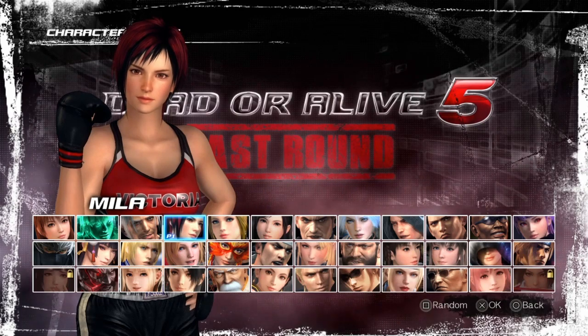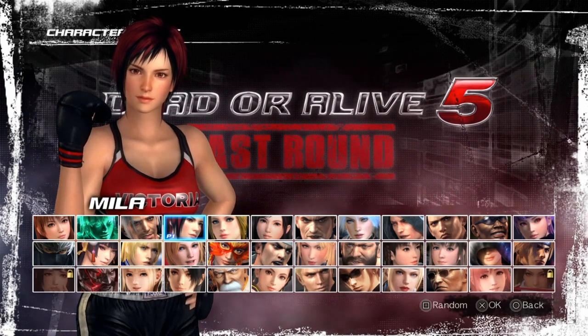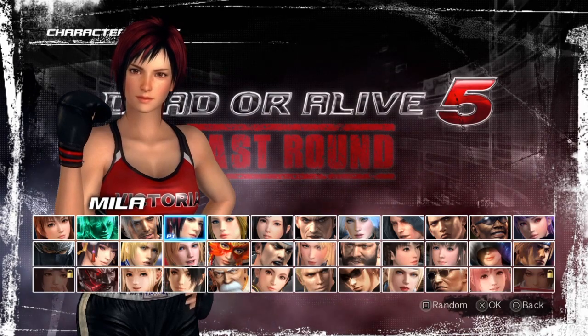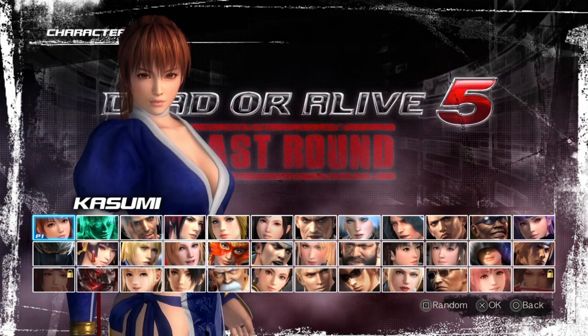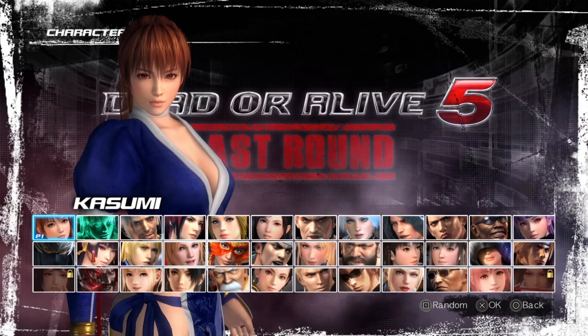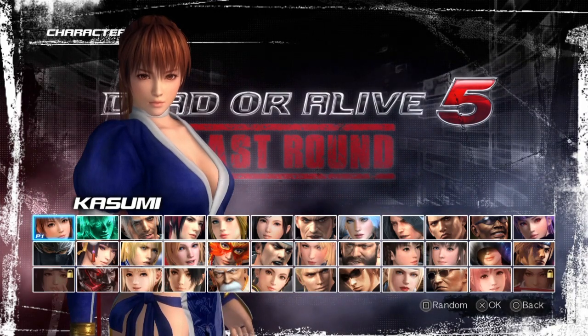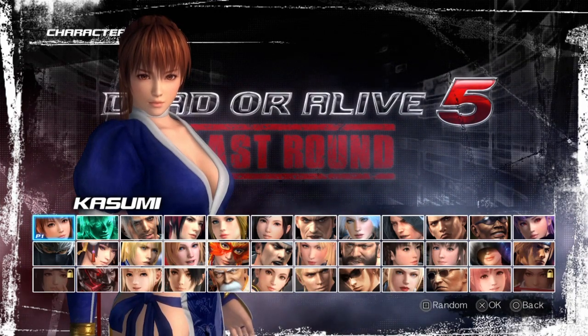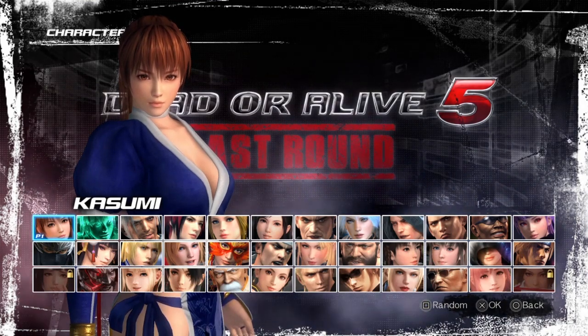The system is very simple. If I'm learning something in DOA, maybe character specific, like let's say I'm learning a Kasumi combo, I would be using Kasumi on the thumbnail, because that will be telling you who I'll be using in this learning of DOA. Basically, red is going to be my learning colour.